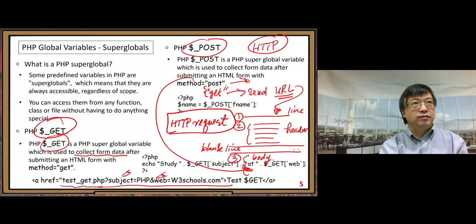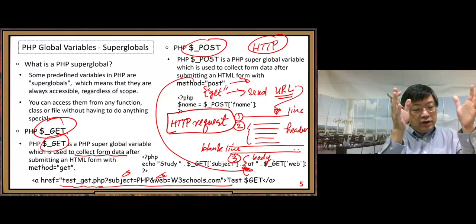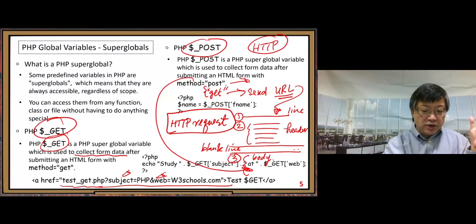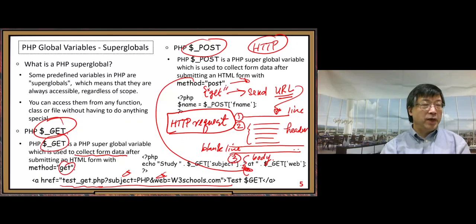From that property, you can see the number of characters sent by get is limited, because in the URL part, the request line, you cannot set a large number of characters. There is a limit.